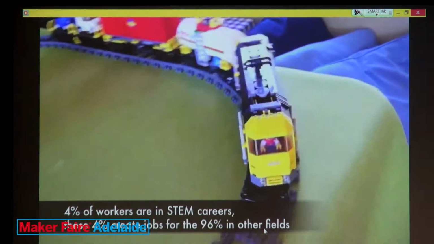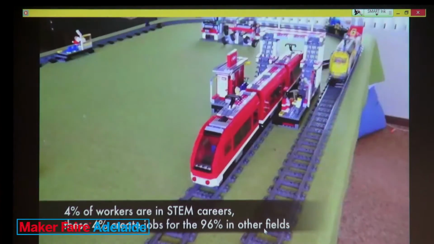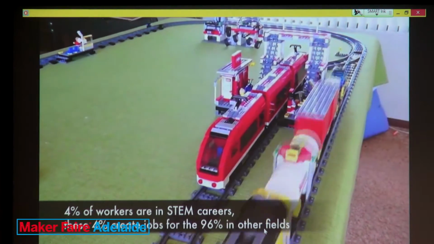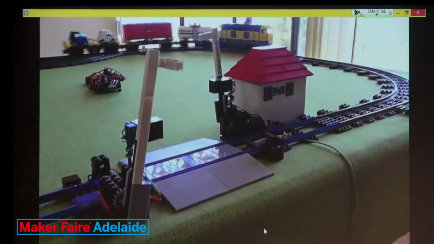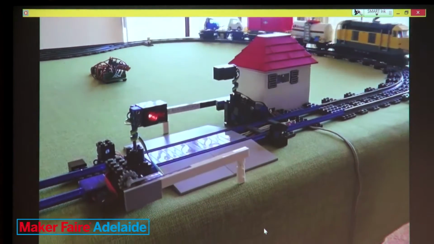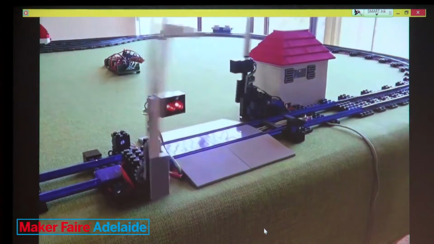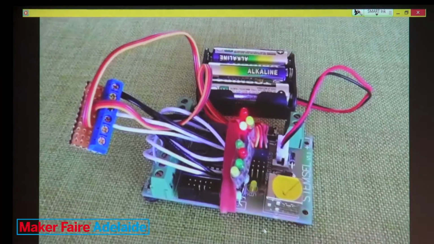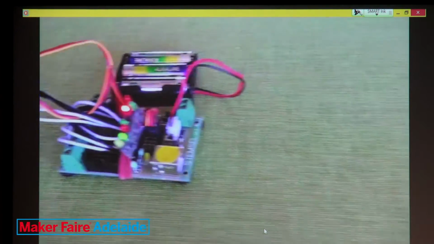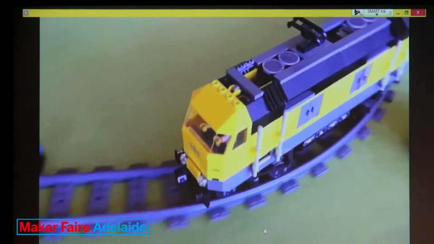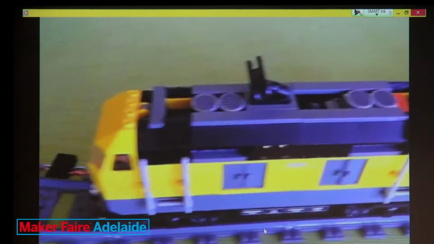We have already started improving our Lego train set by including working boom gates. We intend to continue to expand the layout by installing more sensors to detect trains going the opposite direction and installing stem cell microprocessors into the trains themselves to control their movement. We'll keep you updated with our progress.